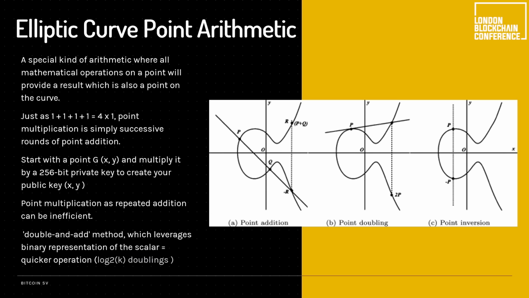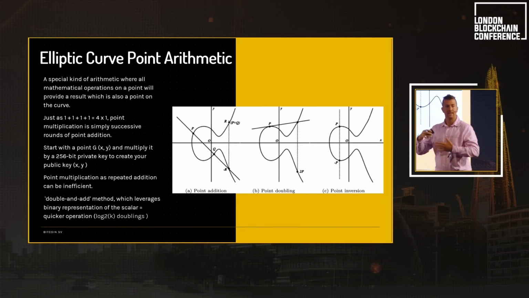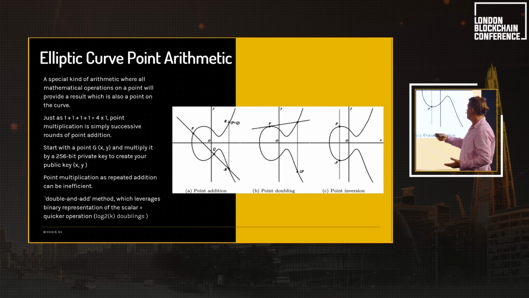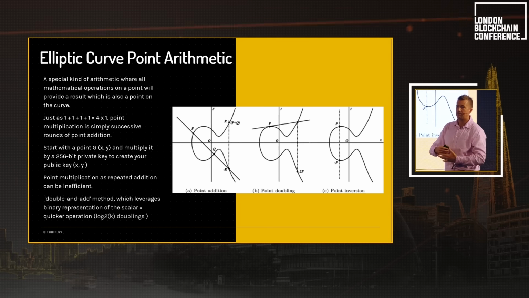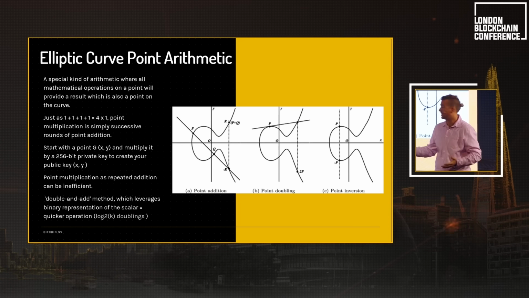And if we then imagine that we've brought Q back around on the underside to very close to P, or brought it back around the top side, those values are going to be converging. And so we can take a tangent for point doubling, and it's the equivalent of two values that are the same, and they will yield 2P on the curve. So when we need to mutate a private key by a very large number, we do multiple rounds of this point doubling to generate the big number, which is going to be your public key.